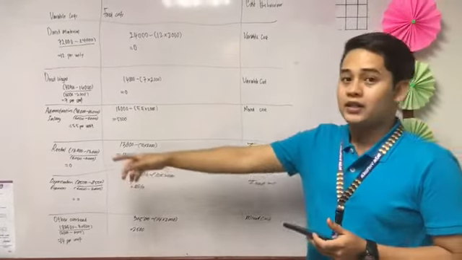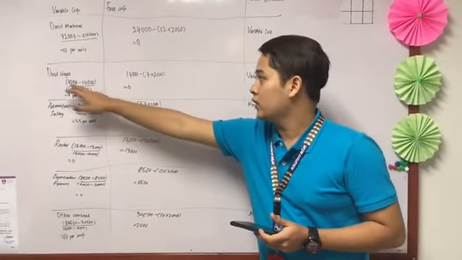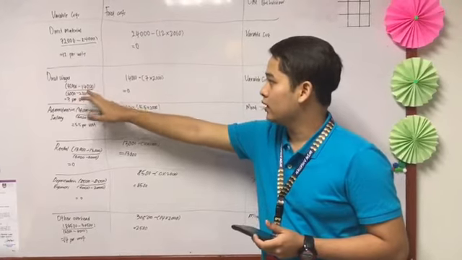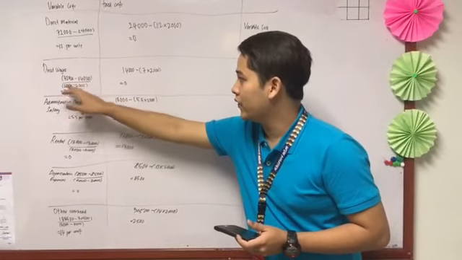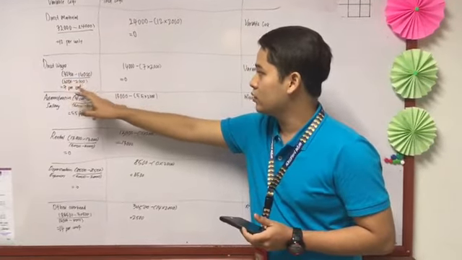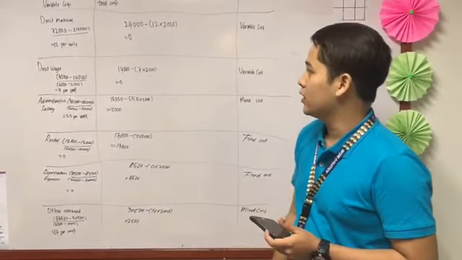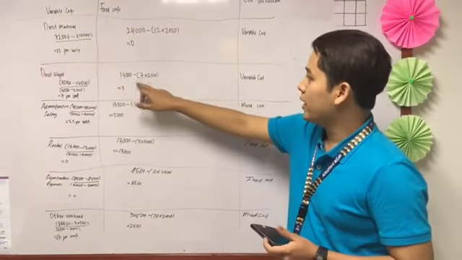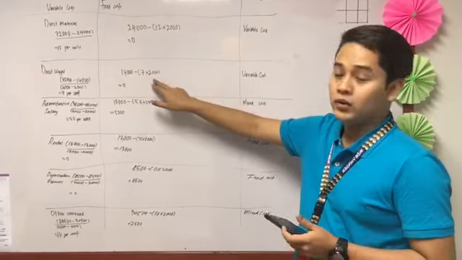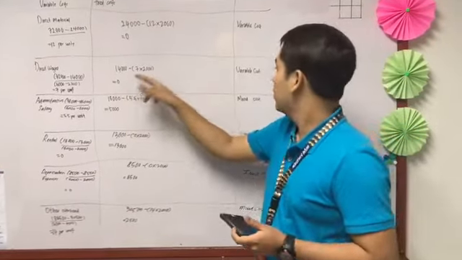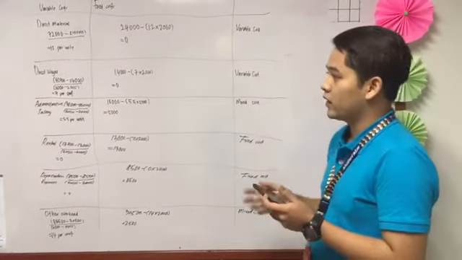The next one is direct wages, which is 42,000 minus 14,000, divided by 6,000 minus 2,000, which gives 7 per unit. Then 14,000 minus 7 times 2,000 also gives 0, so the cost behavior is variable cost.